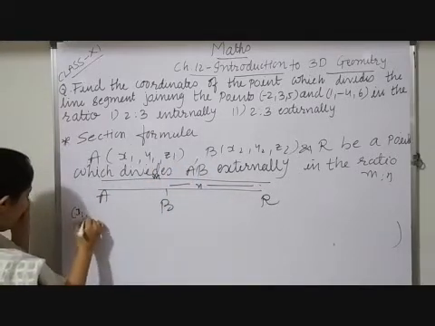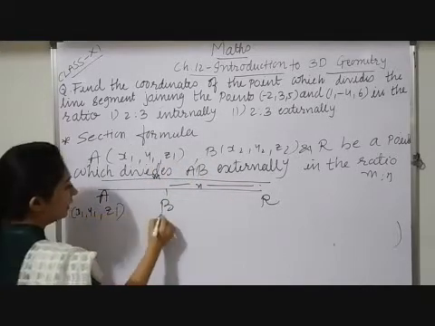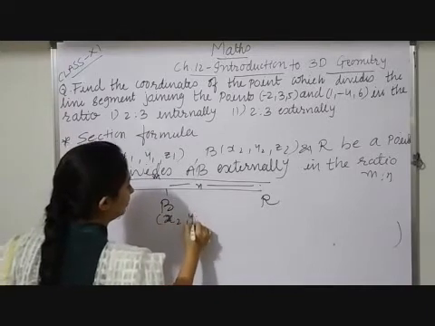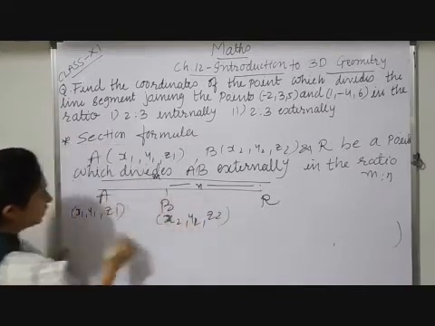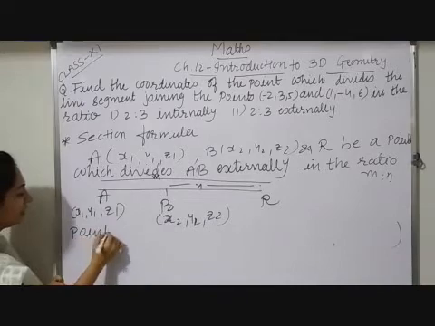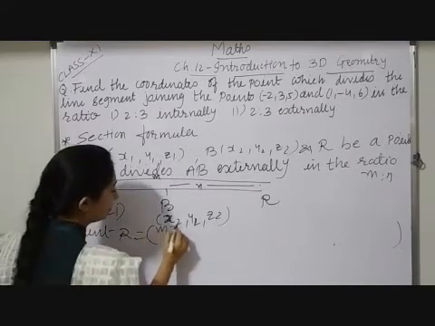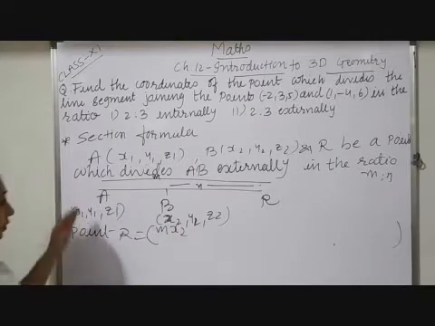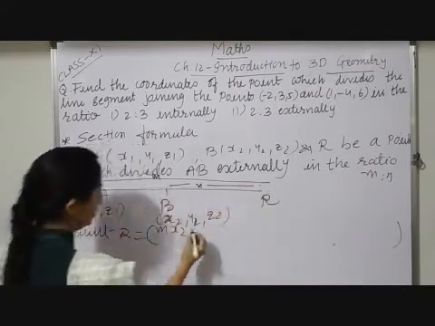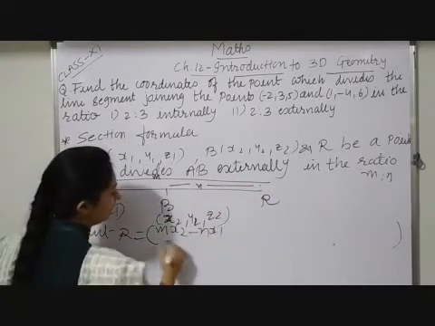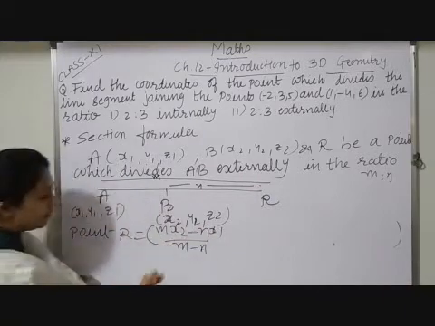These points are x1, y1, z1 and these are x2, y2, z2. So your point R will be the same thing, mx2, but since it is dividing externally, from this distance we have to subtract this one, minus nx1 upon m minus n.